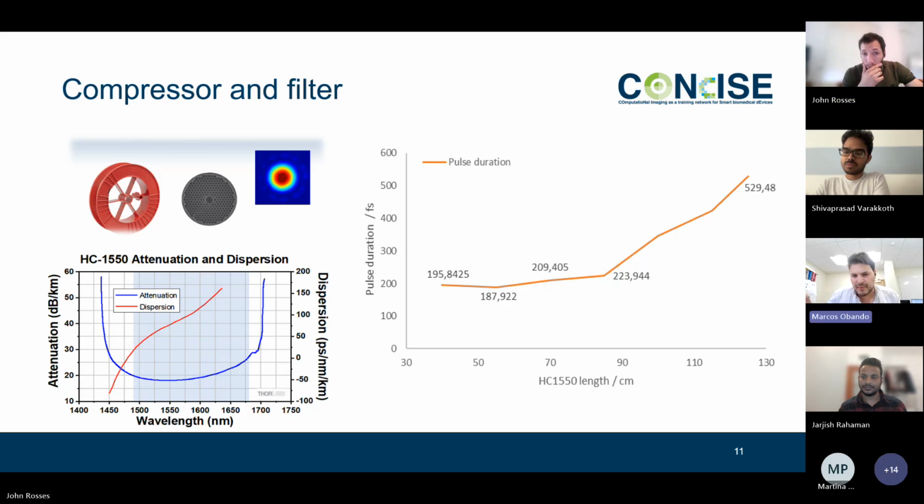Okay, but it's mostly flat for that one. It's because you can see the dispersion is in relation with the wavelength, and also it's very high for a few meters. That I understand.